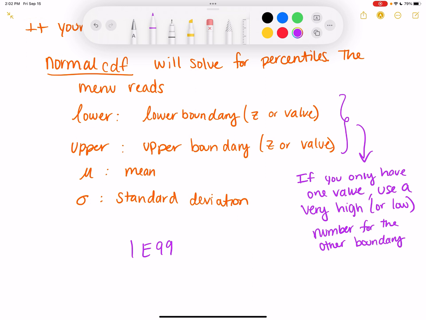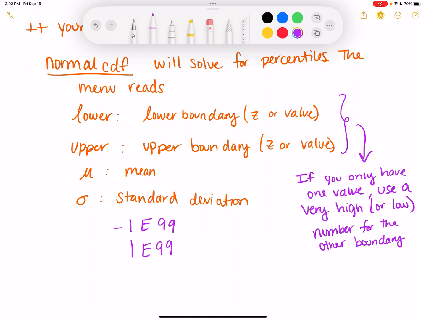The low number might say -1E99. I don't know if your calculator will naturally do that for you or not, but I'm finding it. Just give me a second. I have to always think about where it is.